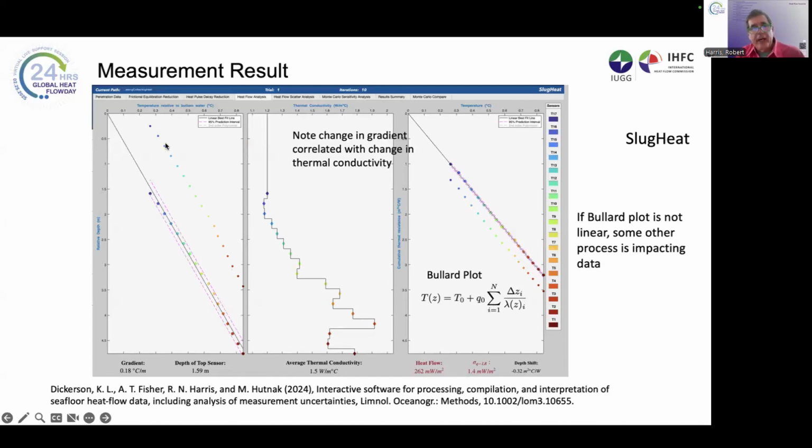You can see how this curvature, this decreasing thermal gradient caused by the increase in thermal conductivity, then gets removed. This is just based on vertical heat conduction. If there are remaining nonlinearities in the Bullard plot, then it indicates that some other process is impacting the data.